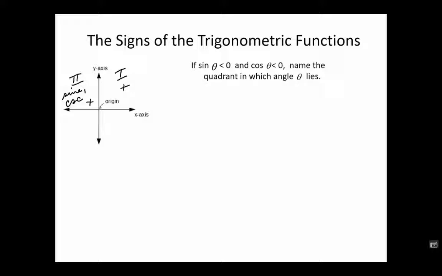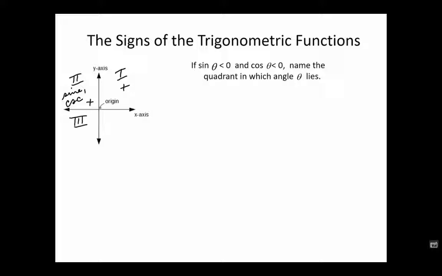In quadrant 3, we know that both the x and the y coordinate of any point would be negative. So let's see what's positive.